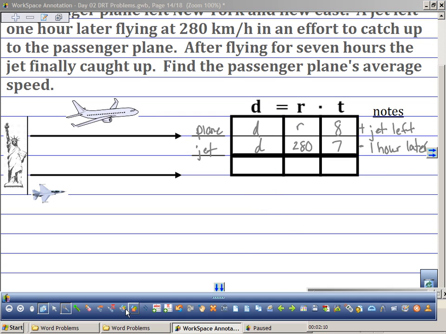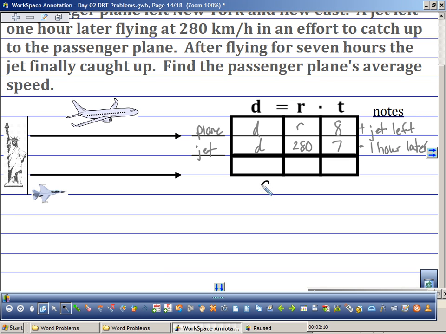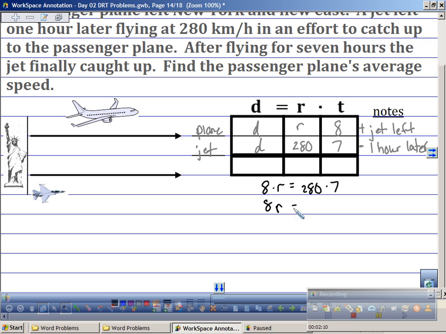All right, so what's my equation? 8 times R equals 280 times 7. Tell me what it is. 1,960.